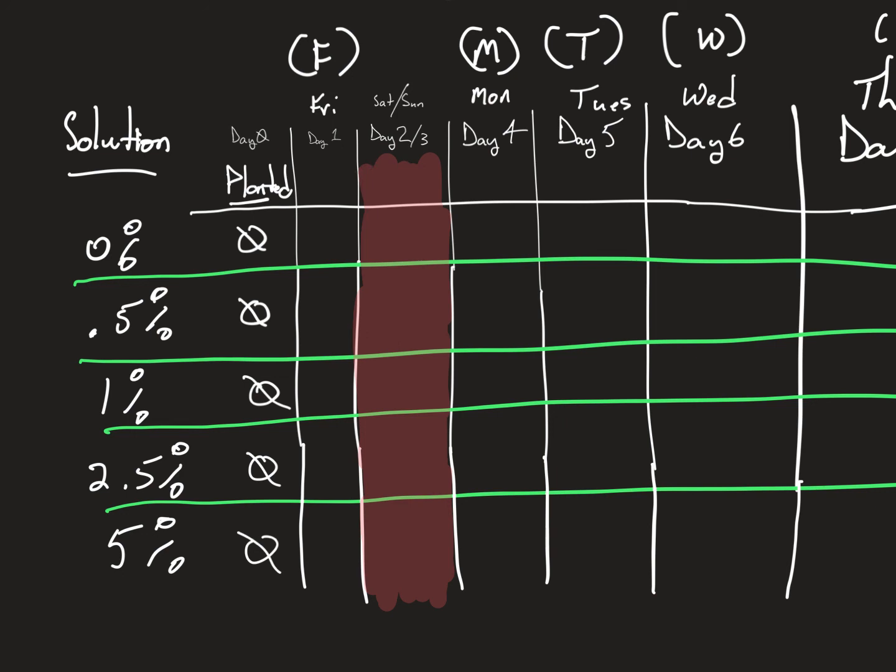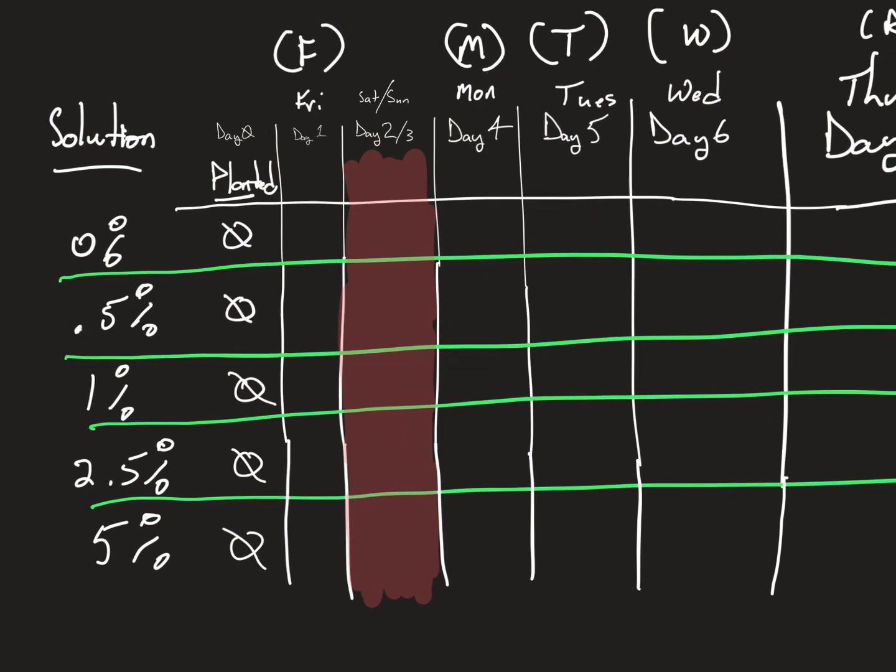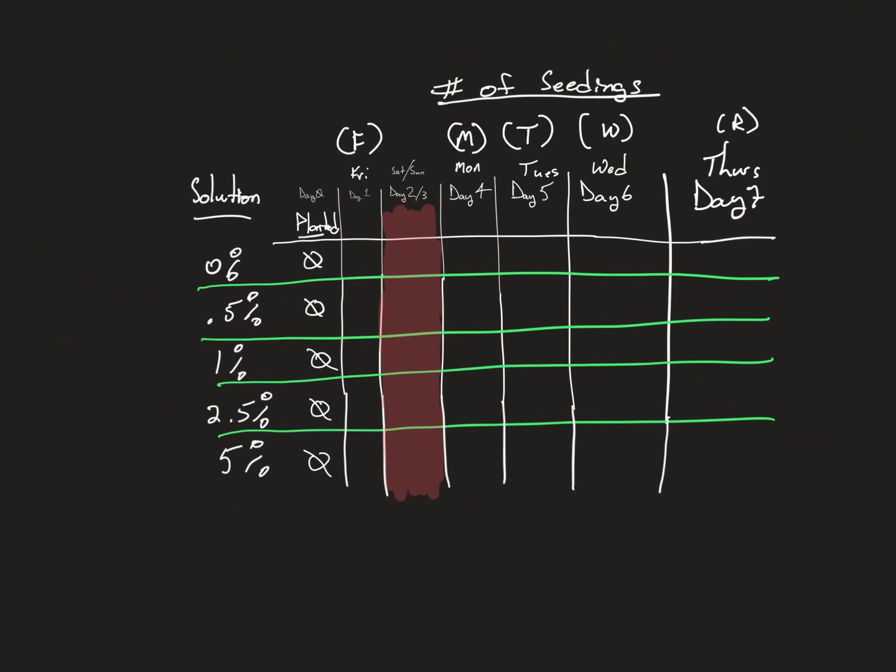So then Monday, you're going to have some number. Tuesday, you have some number. Wednesday, you'll have some number. And, of course, your hypothesis is, are there going to be any seedlings? Do you expect to see any seedlings here? Do you expect to see any, etc.? We already said our hypothesis for the first one.